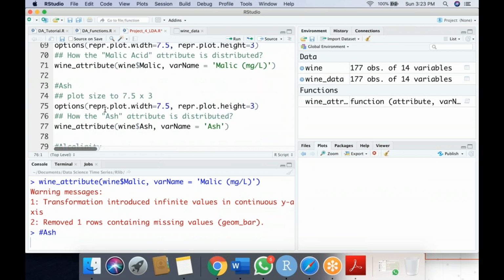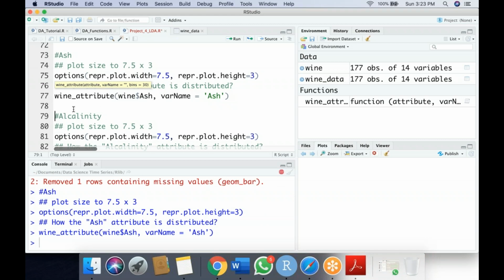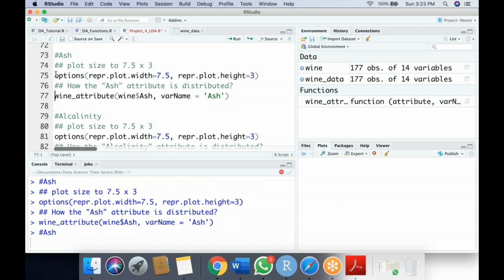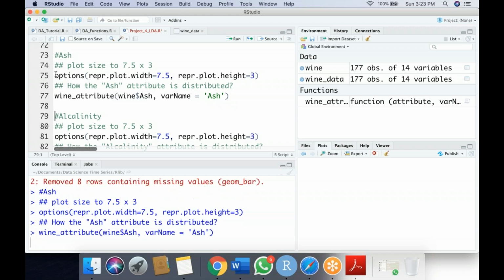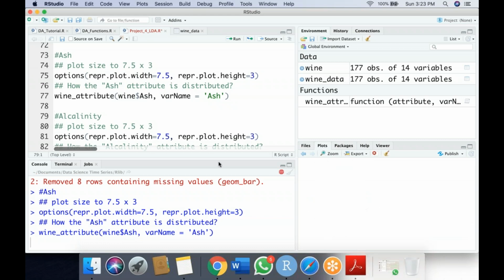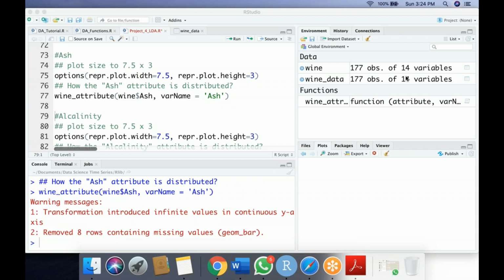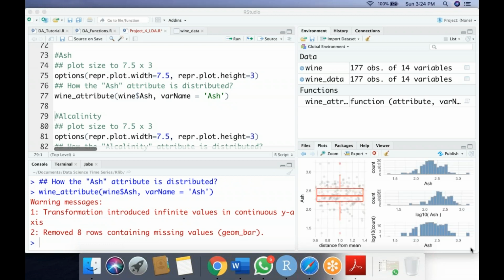what is happening? Oh, it is not plotting. So in ash, I think it's a loop function and it's taking much more time to run.